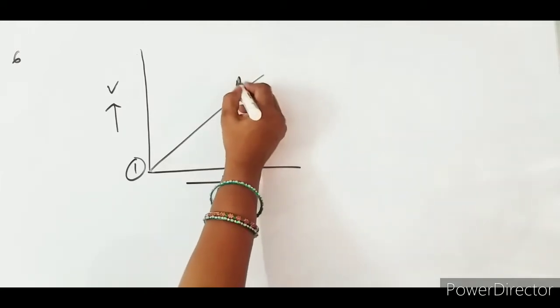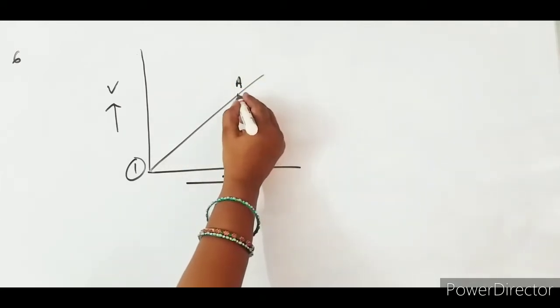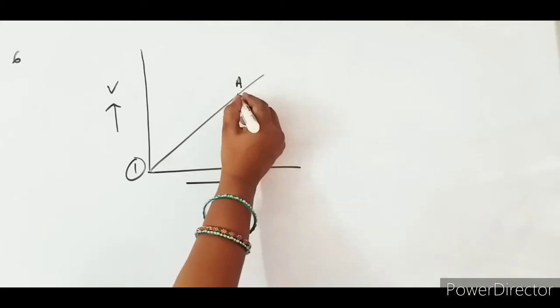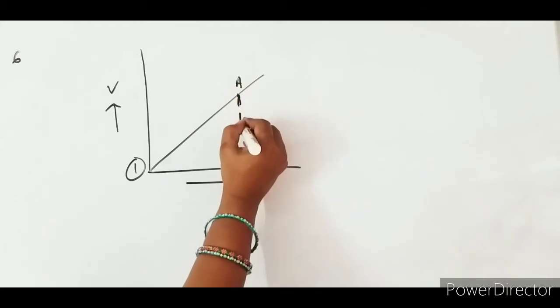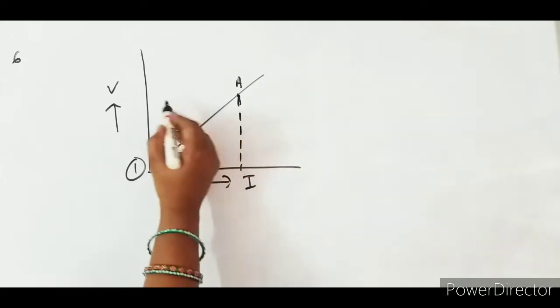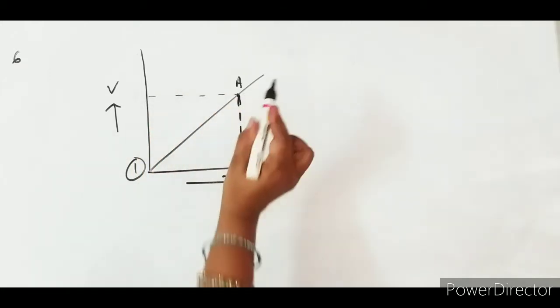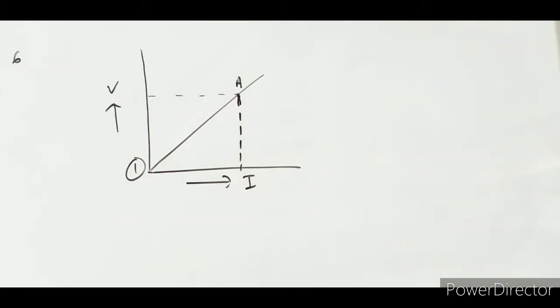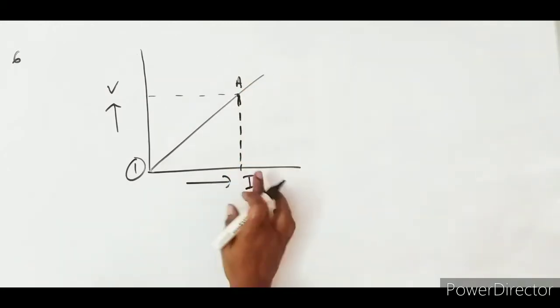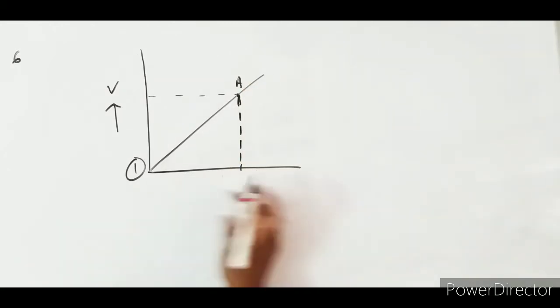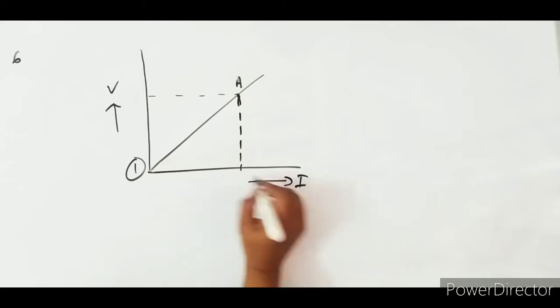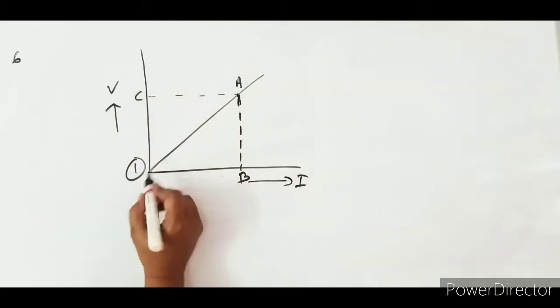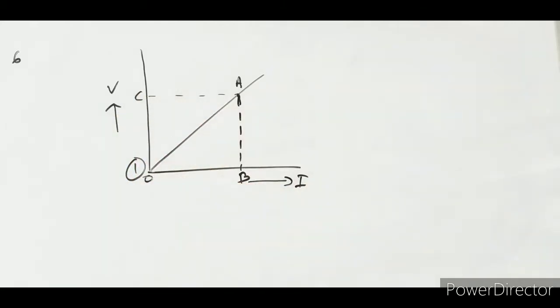This is point A. Let us draw a perpendicular to the x-axis and a perpendicular to the y-axis. This one is B, this one is C, and this one is O.